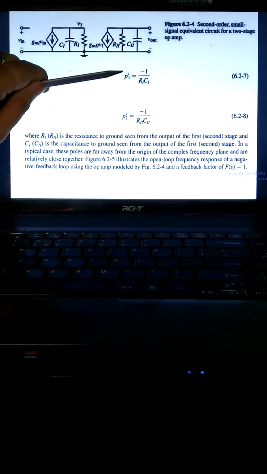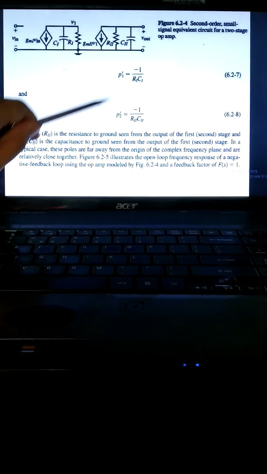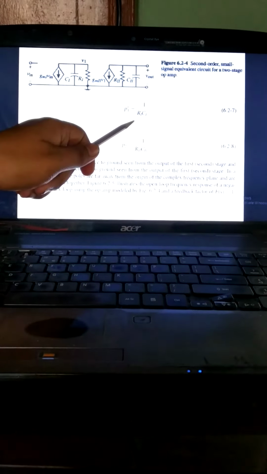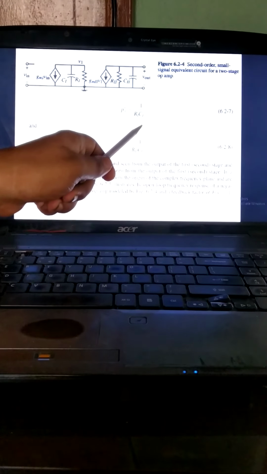For this two-stage amplifier, we consider two poles, pole 1 and pole 2. Pole 1 is 1 by R1 into C1, and pole 2 is 1 by R2 into C2. We know the time constant: for any RC network, the time constant is R into C. So pole 1 is minus 1 by the first stage time constant, and pole 2 is minus 1 by the second stage time constant.